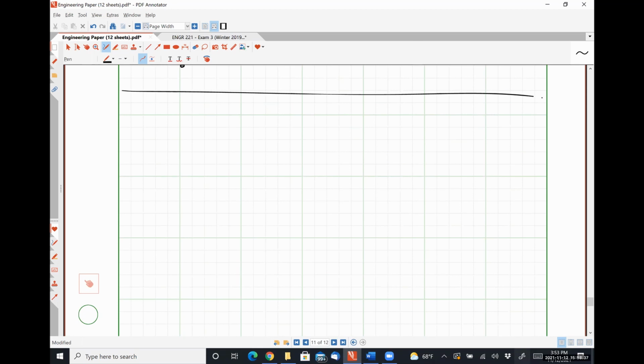Eli the Iceman. E-L-I, I-C-E. Okay. So E is electromotive force, which is the same thing as voltage, and I is current.